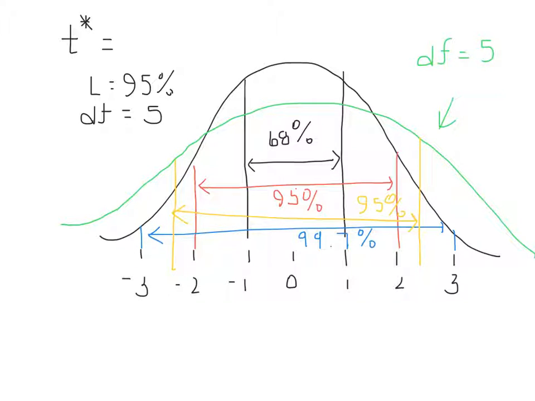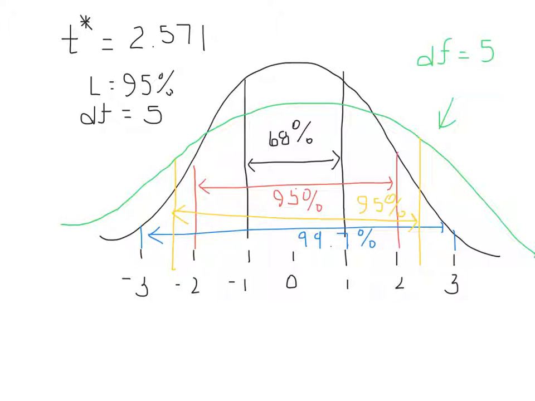In my table of critical values for the t-distribution, in a normal curve, I would need to go out 1.96 standard deviations to capture the middle 95%. But in a t-distribution with 5 degrees of freedom, I would need to go out 2.571 standard deviations to capture the middle 95%.